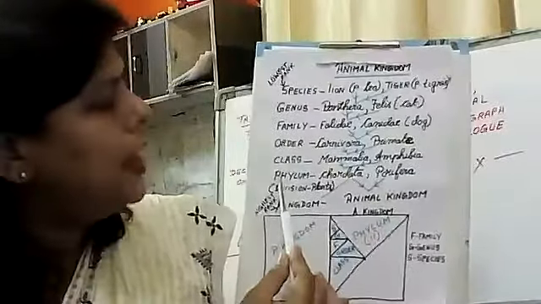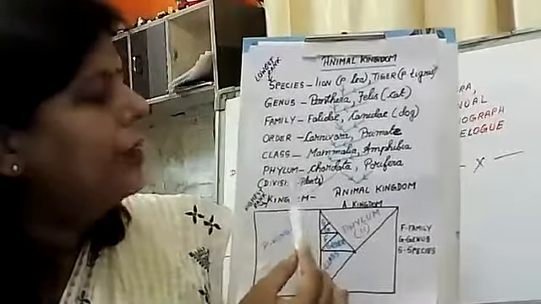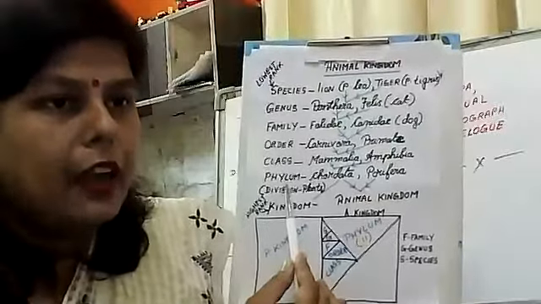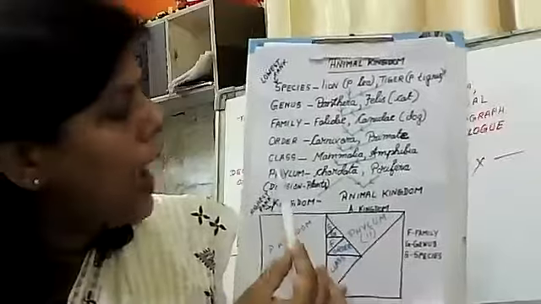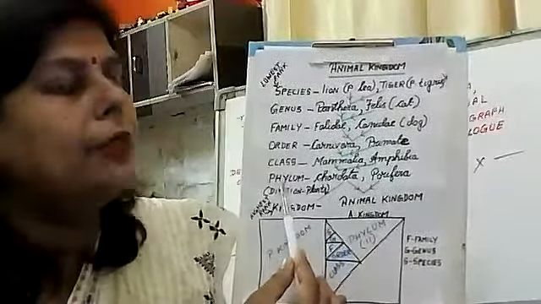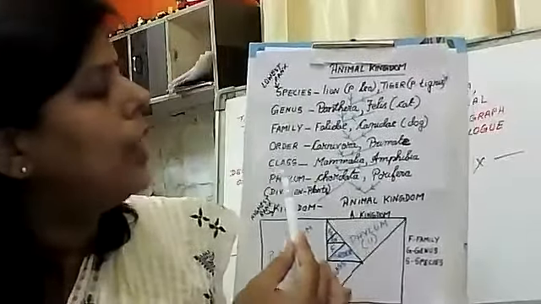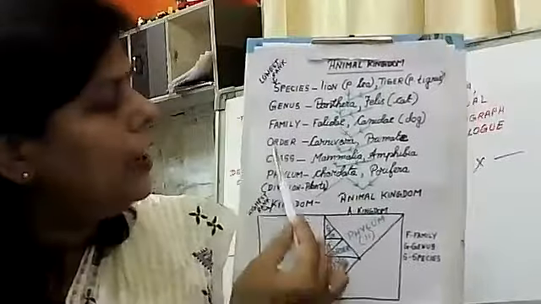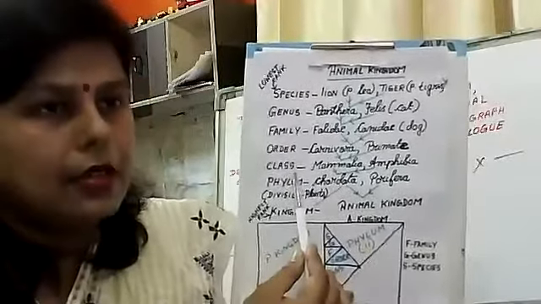Or you can say that within a phylum many organisms are there which have some dissimilarities. According to their dissimilarities, that one single phylum was divided into some smaller groups known as the class. In these two ways, you can give the definition of the class.